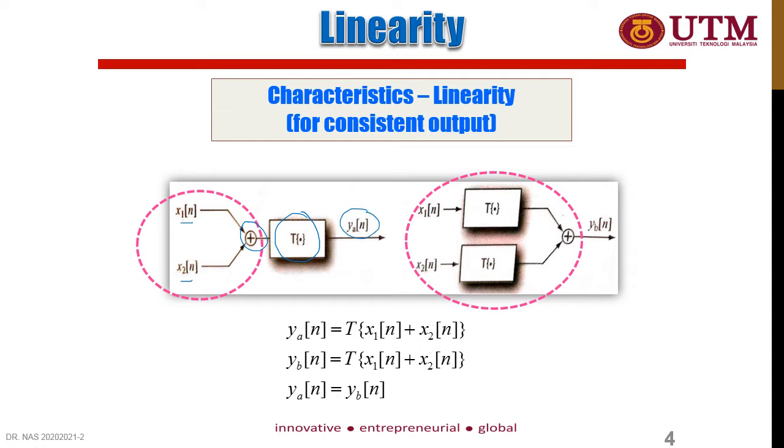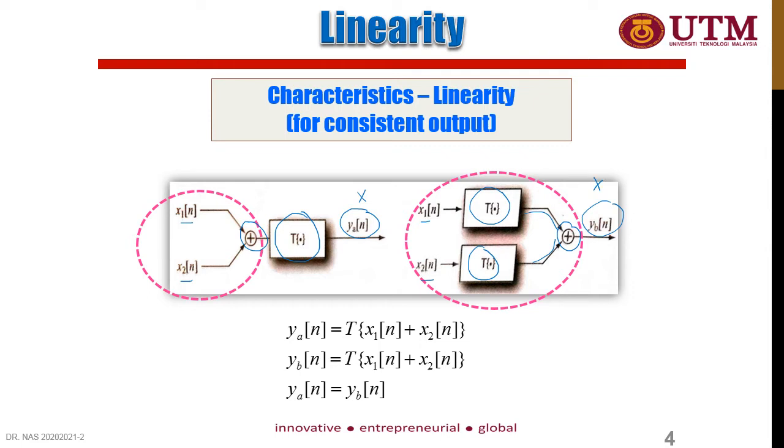In the second system, you have both x1 and x2 again as the input, but each of the signals x1 and x2 is processed individually, and then both are added at the end and the output YB is produced. Then this YA and YB will be compared.